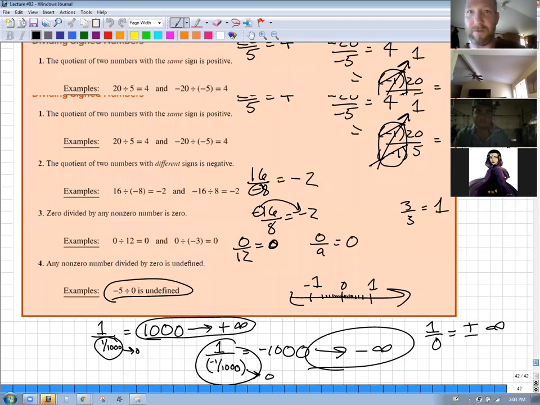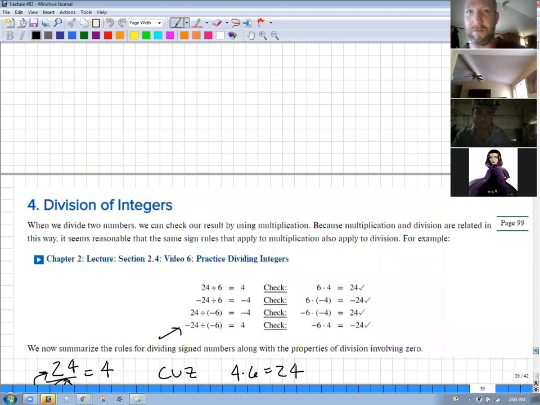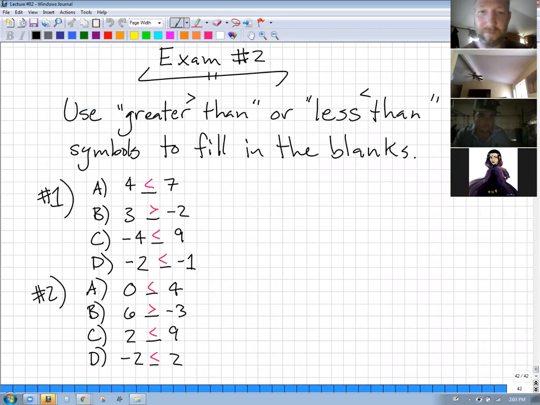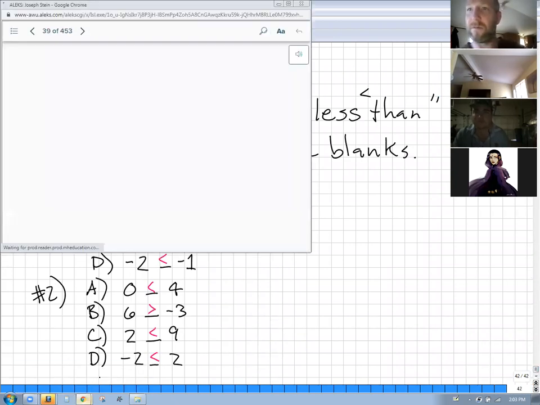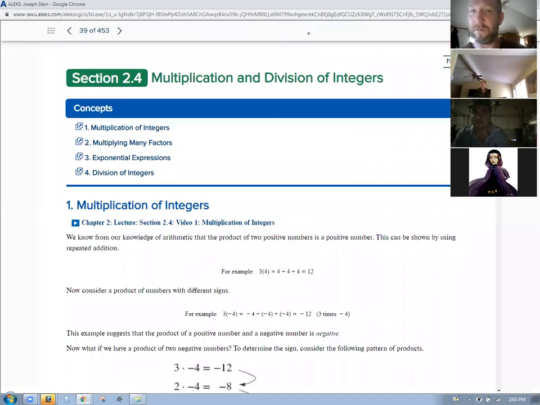We left off on dividing signed numbers, the division of integers.